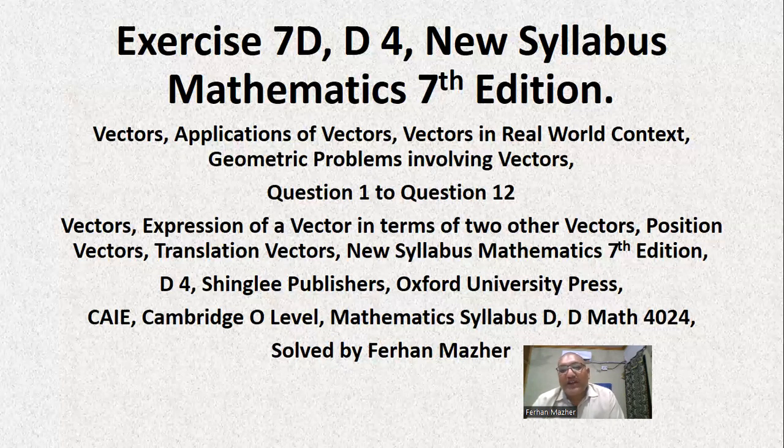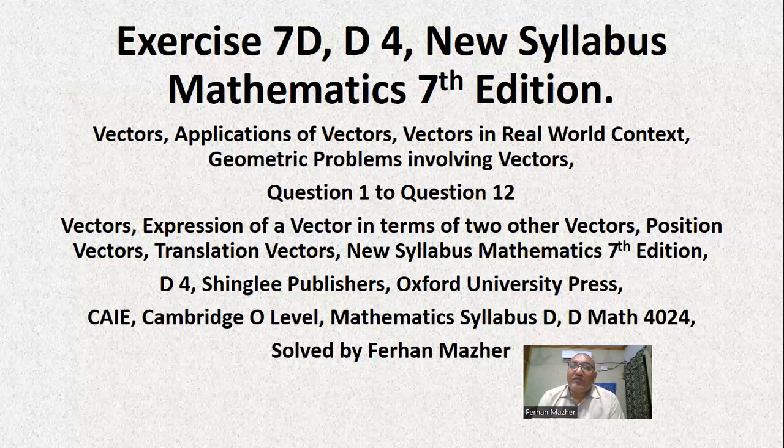For this purpose, I'm using the book New Syllabus Mathematics 7th edition, and we call it Book 4. We also call it D4. The soft copy I'm going to use today is from the Shinglee publishers, but the hard copy I used to solve the exercise was from the Oxford University Press.